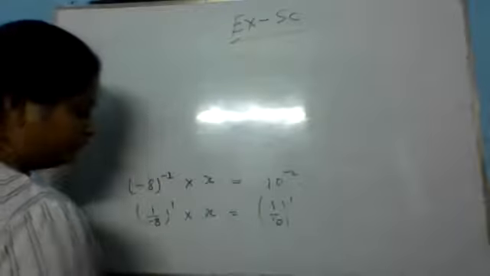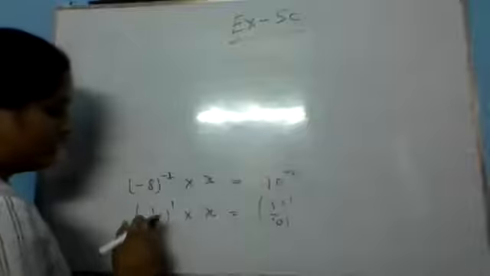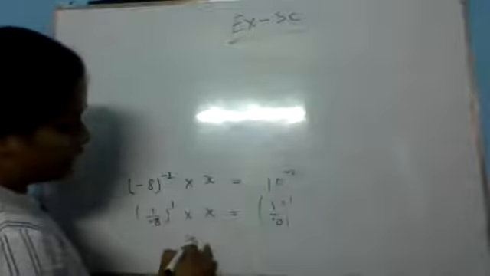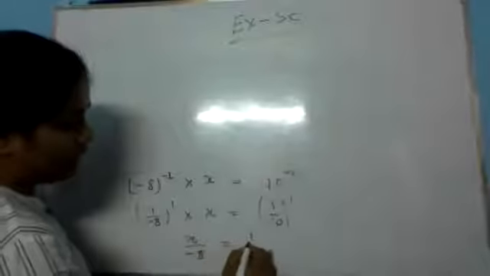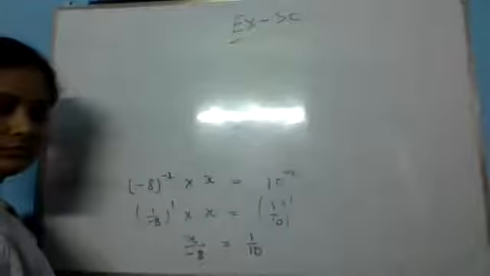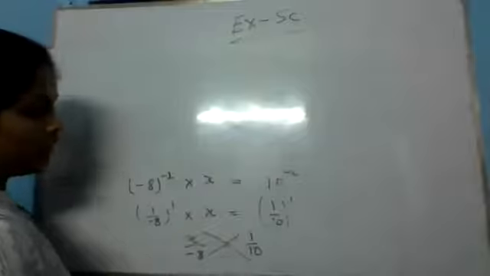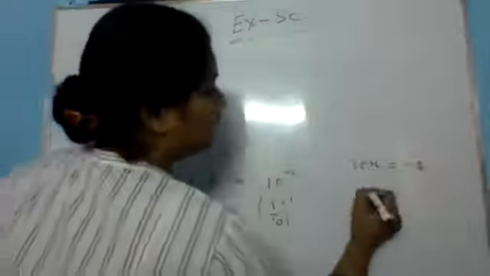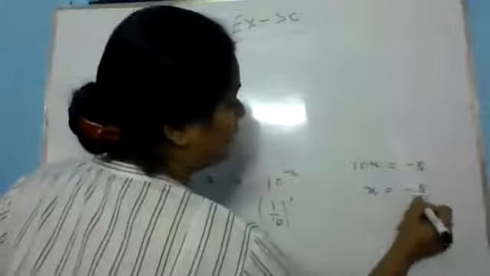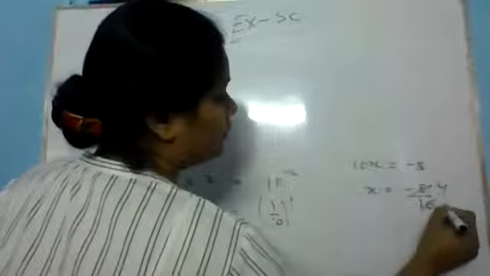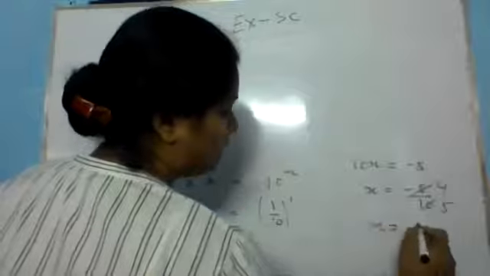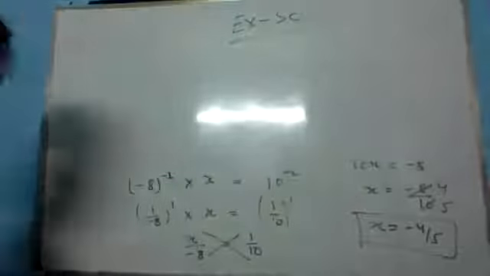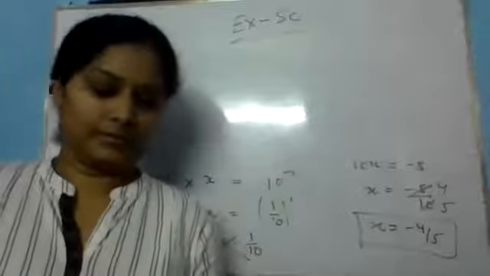Yes or no? I can write like this. Now just multiply it, so you will get x upon minus 8 and here 1 upon 10. Now you can cross multiply. 10x equals minus 8, x equals minus 8 upon 10, 2 2s are 4 and 2 5s are 10, x equals minus 4 upon 5. Option 3 is correct.